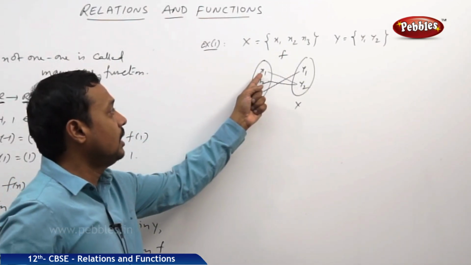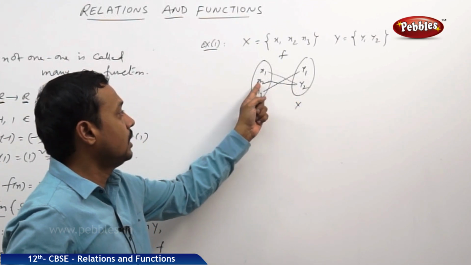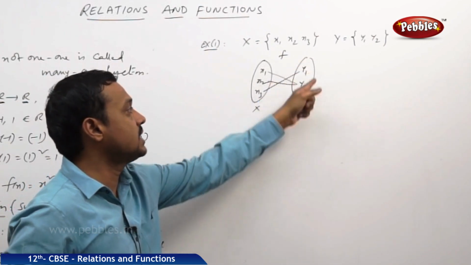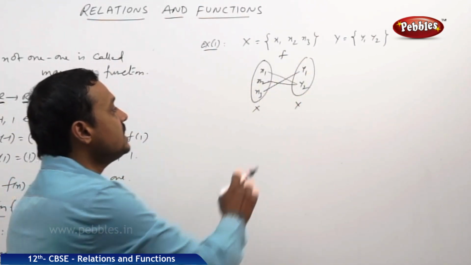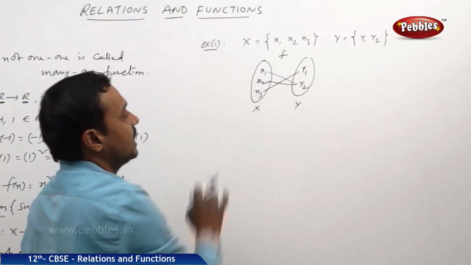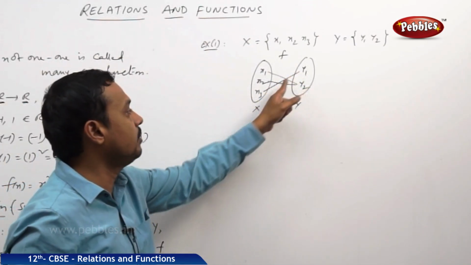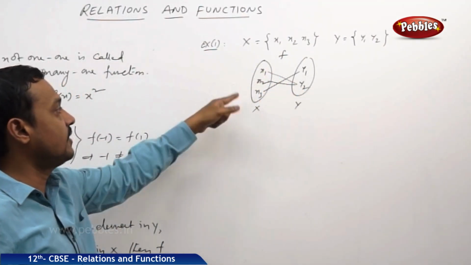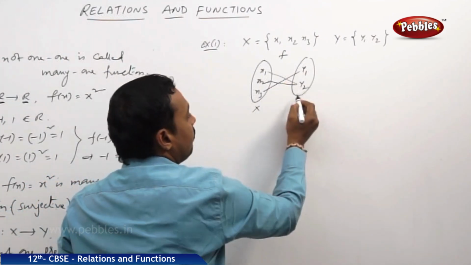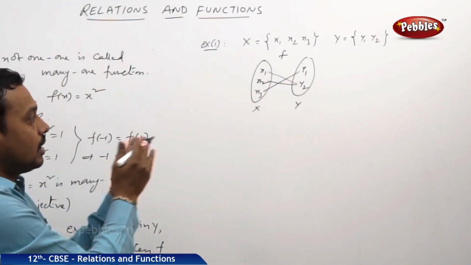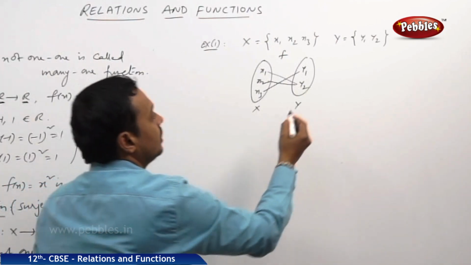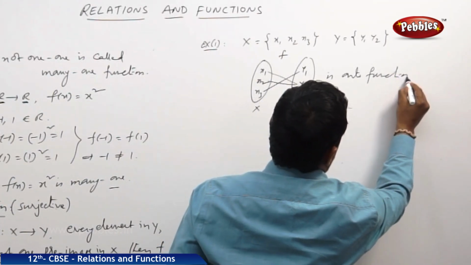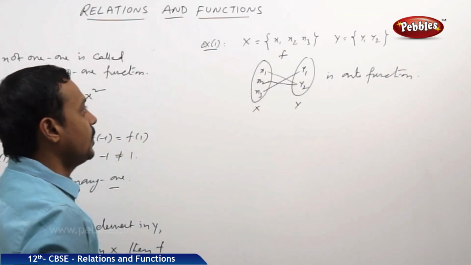Now here see, x1 maps to y2, x2 maps to y2, x3 maps to y1. That means every element in the set Y has at least one pre-image in X. So y1 has the pre-image x3, y2 has two pre-images x1 and x2. So every element in Y is associated with elements of X. So this is an onto function.